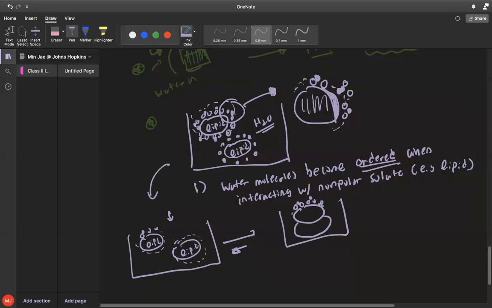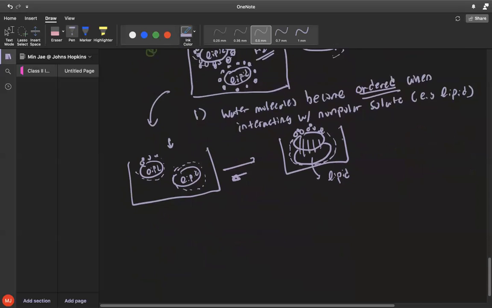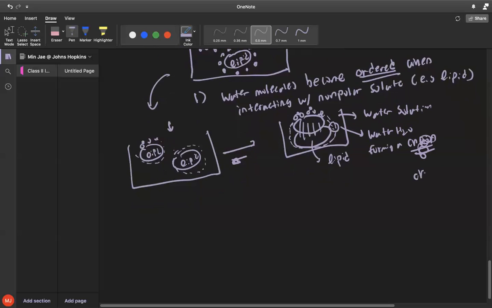This entire thing is just lipid, and then the outside is just the water solution. Just like last time, all this part are the water molecules forming a chain.